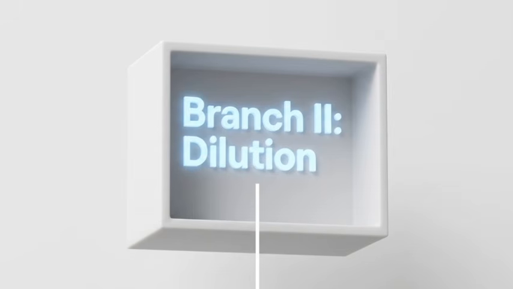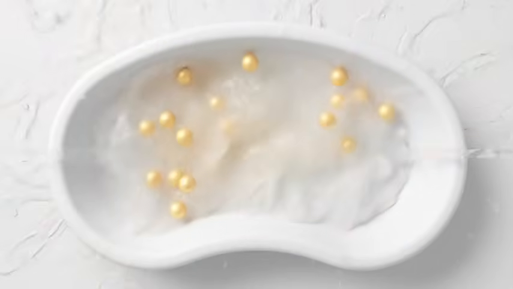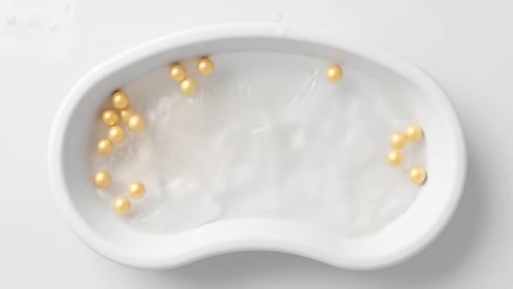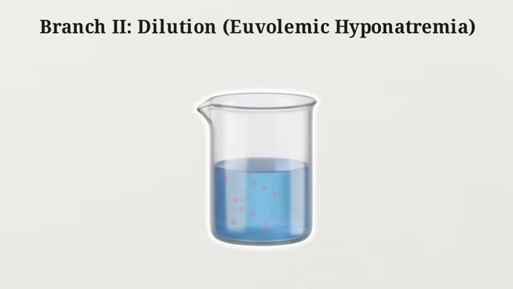The middle branch of the algorithm covers euvolemic hyponatremia. Euvolemia is a state where total body volume appears relatively normal, but the existing sodium is heavily diluted by the retention of free water. Returning to our vascular beaker model, the overall fluid sits at a normal baseline level, but the sodium particles are spread too far apart.